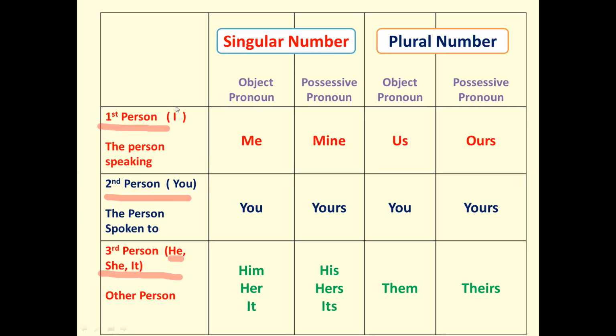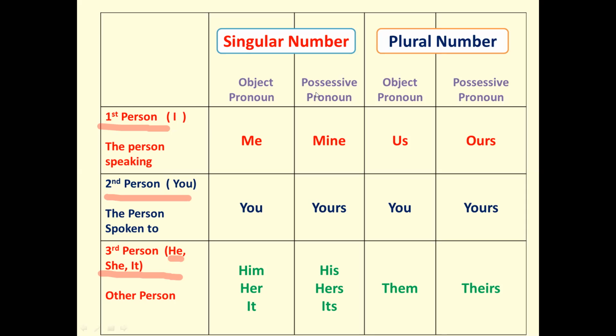When I use first person I, in singular number, the object pronoun becomes me, and it becomes mine in the possessive pronoun. In the same way, in the plural number, the objective pronoun us becomes ours. The possessive pronoun is ours.